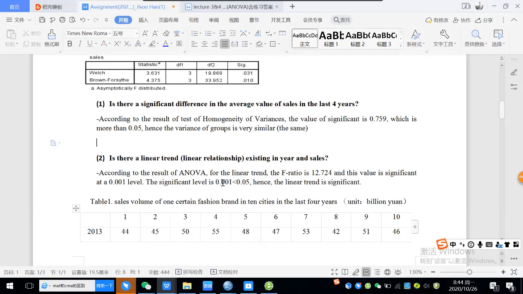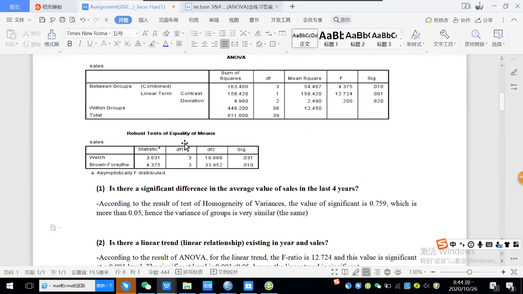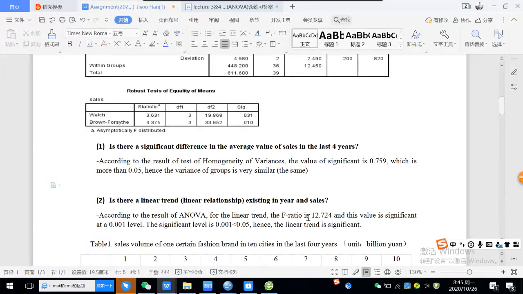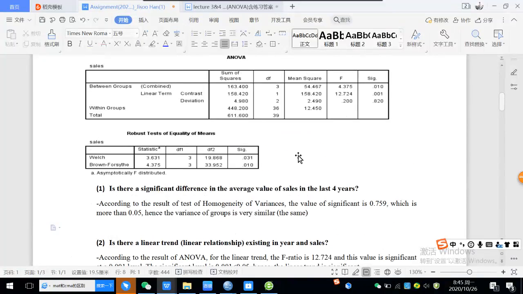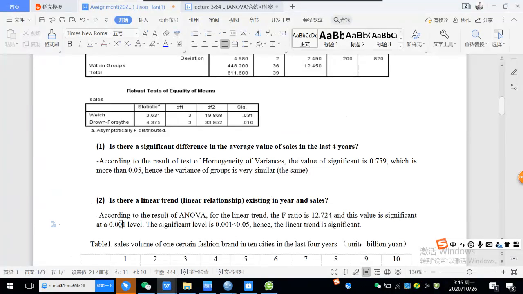Okay, so let's look at Jinser's answer here. Jinser, yes, good. It has the linear term. Okay, the F ratio is 12.724, and this value is very significant at 0.001. No. Here, Jinser, it's not the 0.001 level, but 0.01.